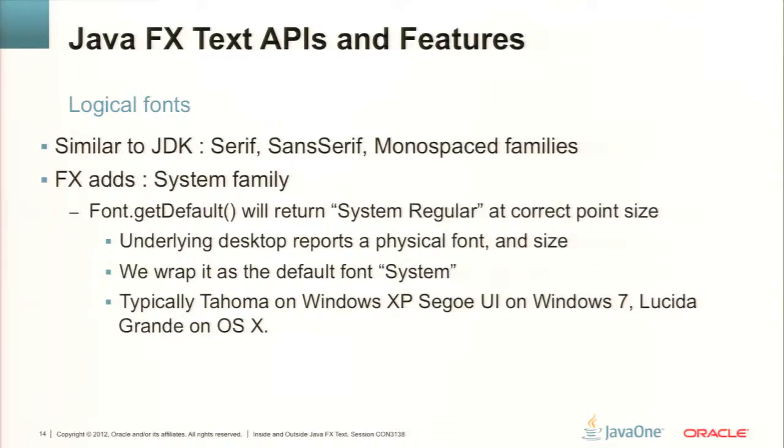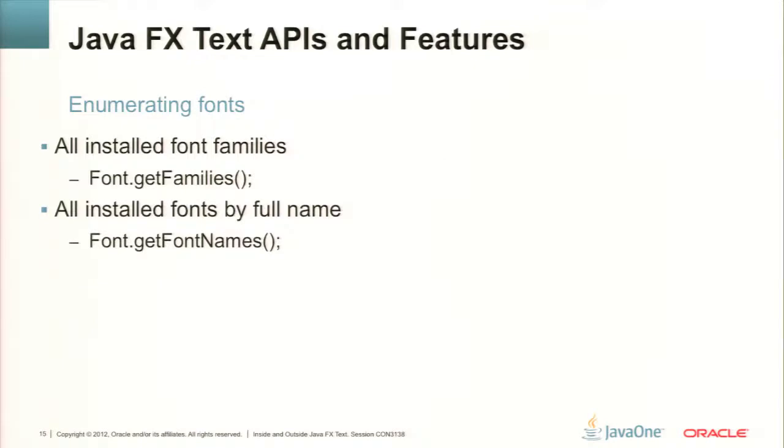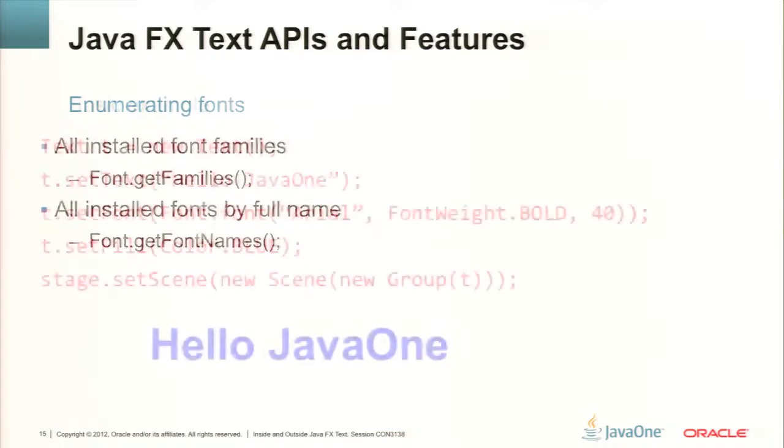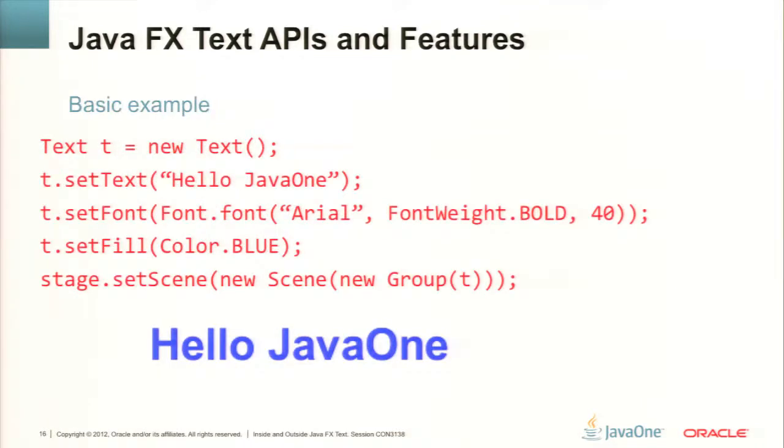So we wanted one choice, which basically maps most closely to what you see in typical UI controls, but it may not be the font that's used in every single place on the platform. You can enumerate the fonts by calling get families or get font names. Okay.